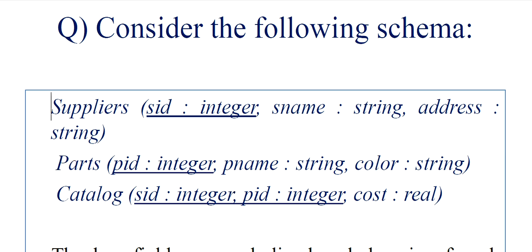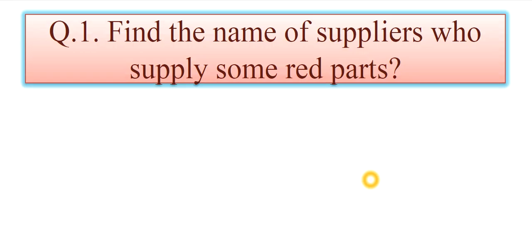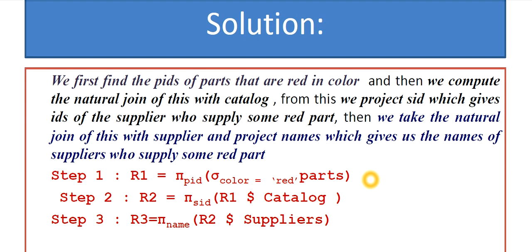Information about both of them exists in catalog through SID and PID, and the cost information is also there. So let's start. The solution will be, first, you take a screenshot. Now I'm going to explain.